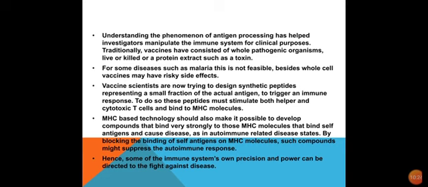As in autoimmune-related disease states, by blocking the binding of self-antigens on MHC molecules, such compounds might suppress the autoimmune response. Hence, some of the immune system's own precision and power can be directed to fight against disease.